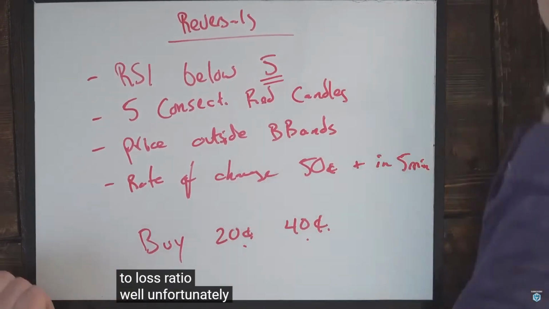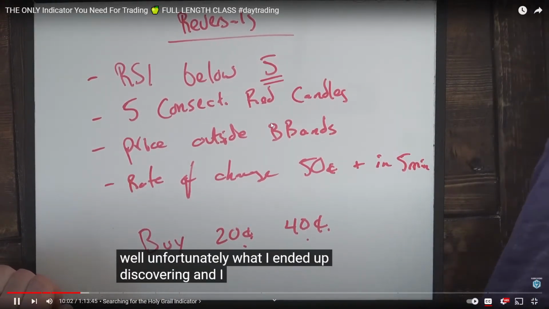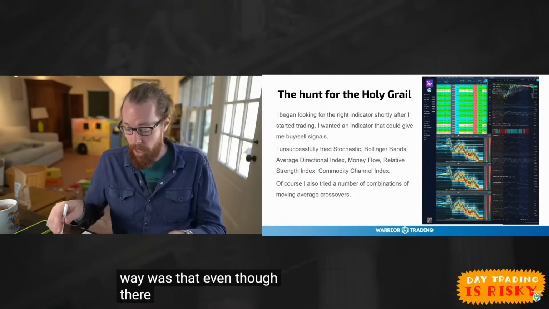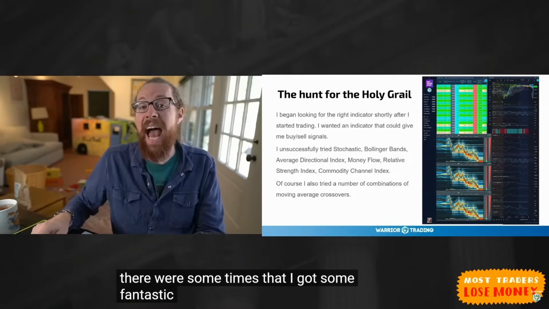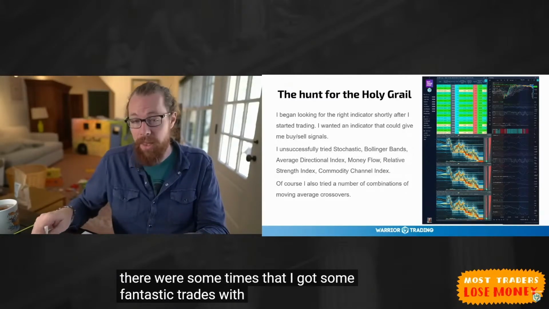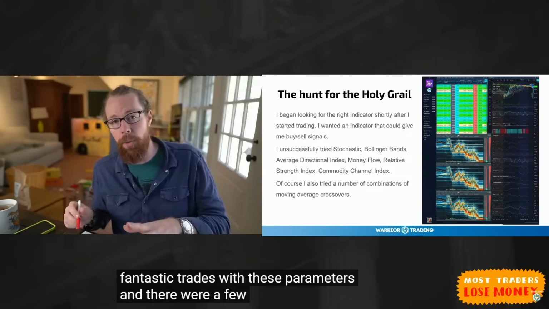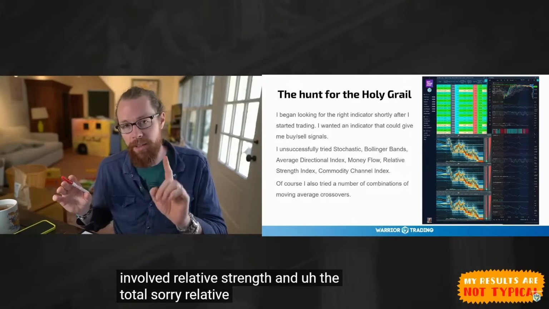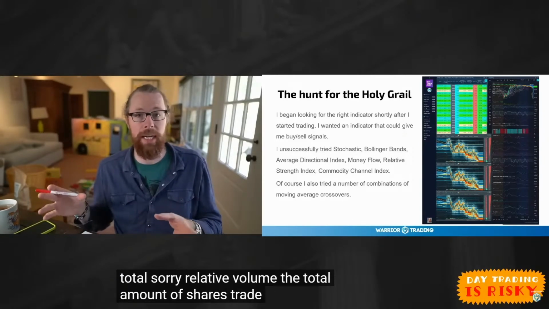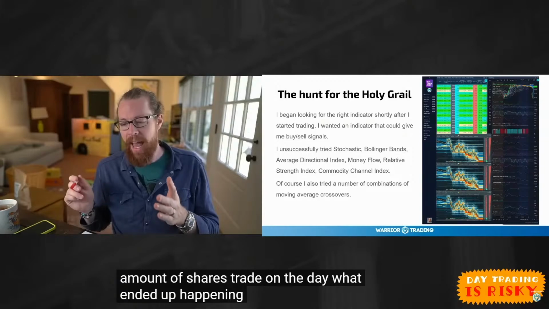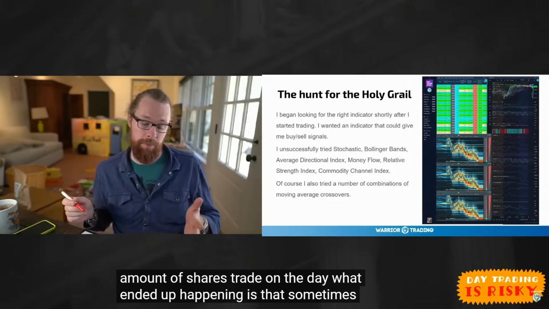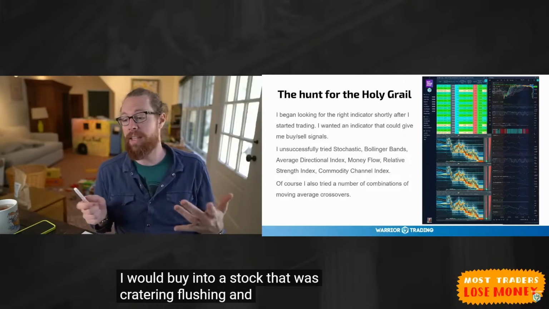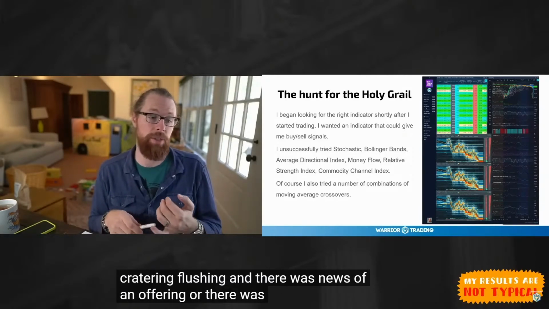Well, unfortunately, what I ended up discovering, and I learned this the hard way, was that even though there were some times that I got some fantastic trades with these parameters, and there were a few others that involved relative strength and relative volume, the total amount of shares traded on the day, sometimes I would buy into a stock that was cratering, flushing, and there was news of an offering, or there was fear of bankruptcy.